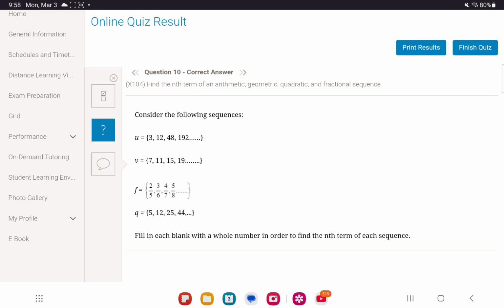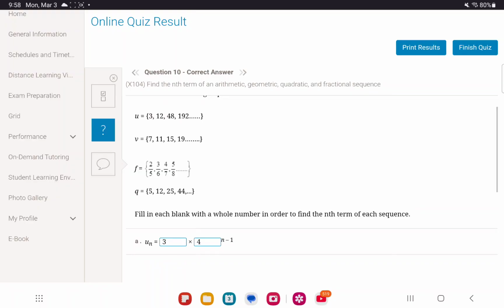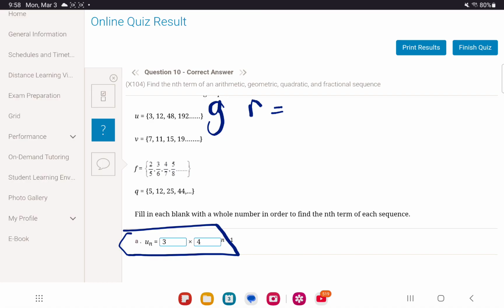Here they're asking you to find the nth term of each sequence, so find the formula of it. That's technically what they mean. I'll say G for geometric, A for arithmetic, whatever. So G, and the r is 4.